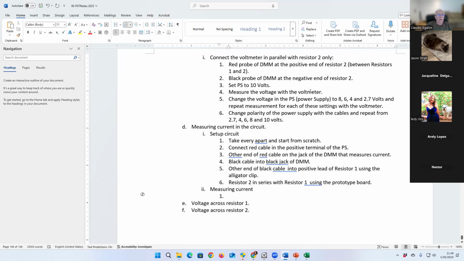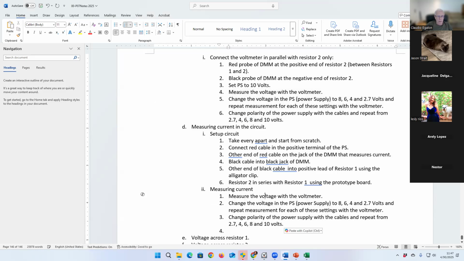And then we're going to do all those steps here, but instead of measuring voltage, measure the current with the ammeter. Change the voltage in the power supply.